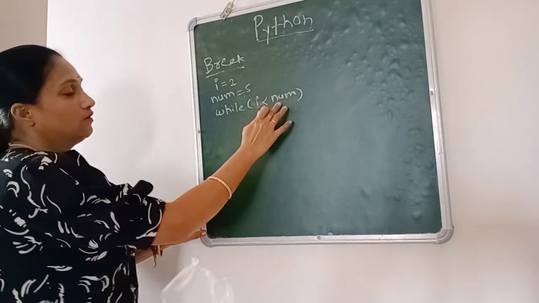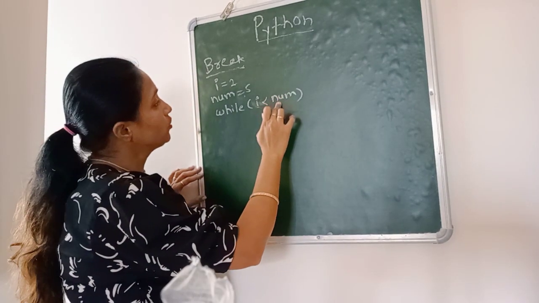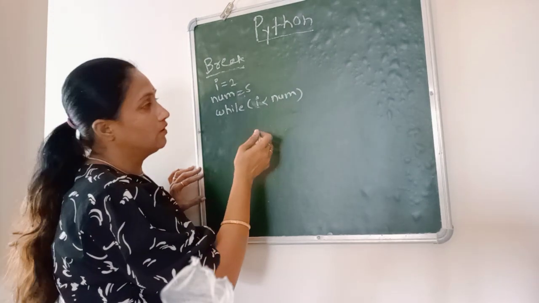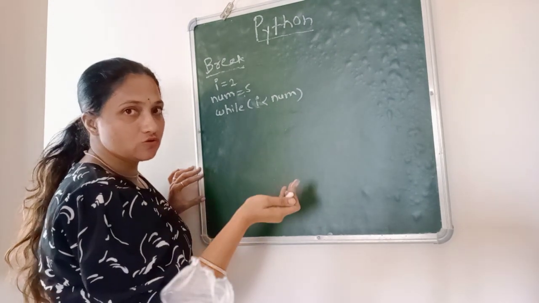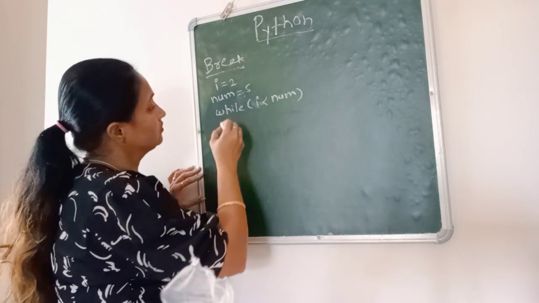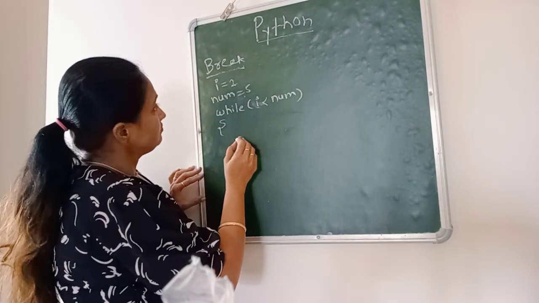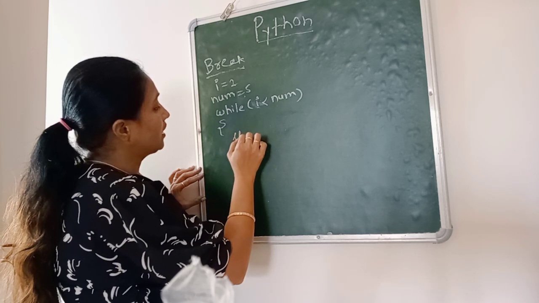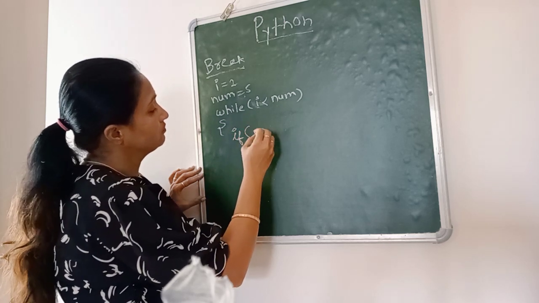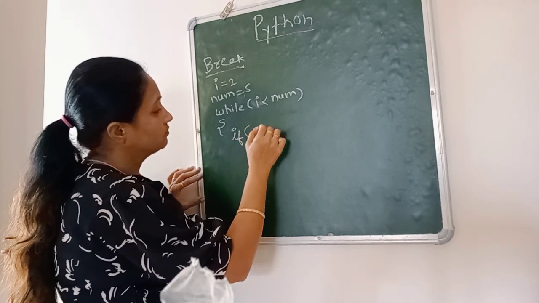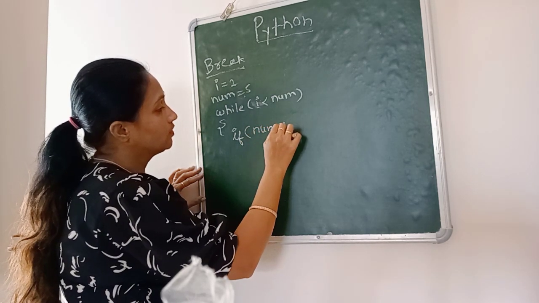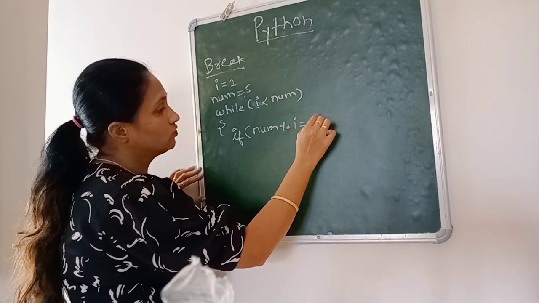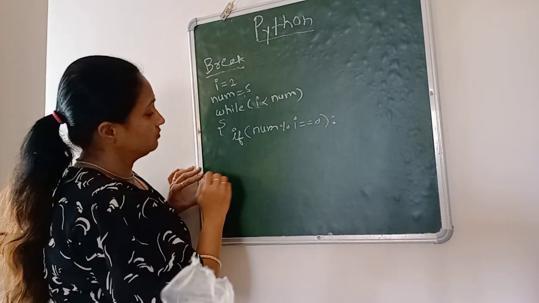Okay, less than num, because if it is divisible by the same number, it would still be a prime number, and other numbers are also divisible by the same number. Now we'll check each and every time if num mod I equals to 0 colon.